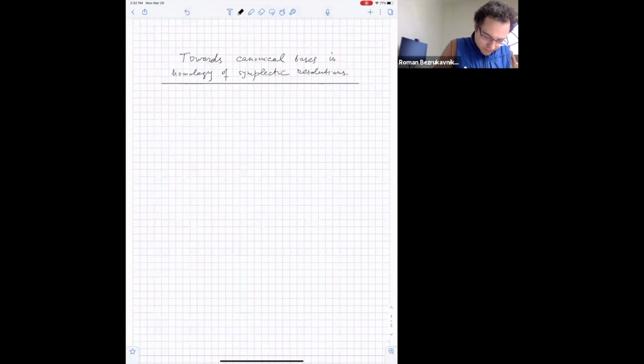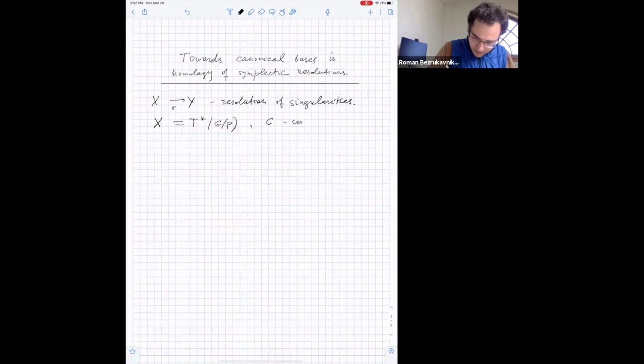So I'll start with, let X to Y be a resolution of singularities where X will be T star of G mod P, where G is a semisimple, let's say reductive algebraic group, over an algebraically closed field.